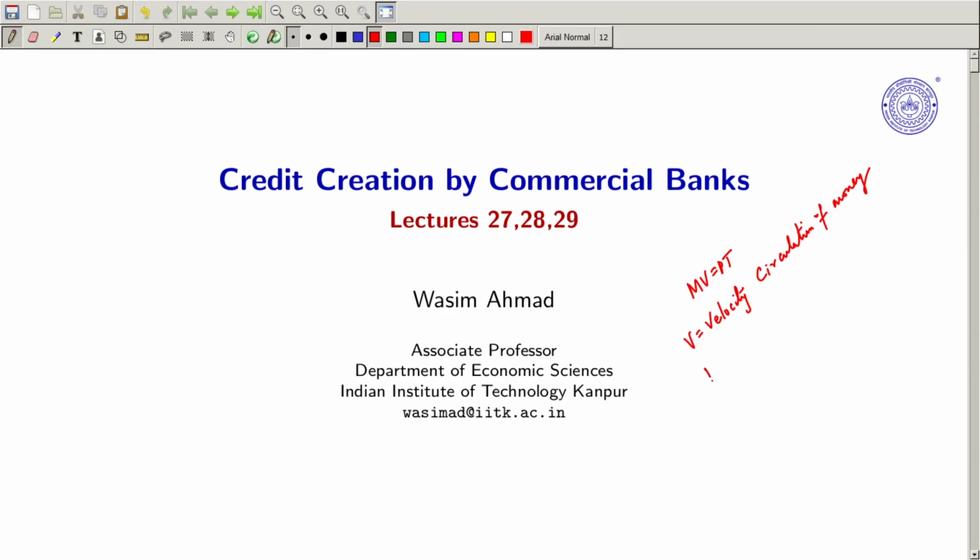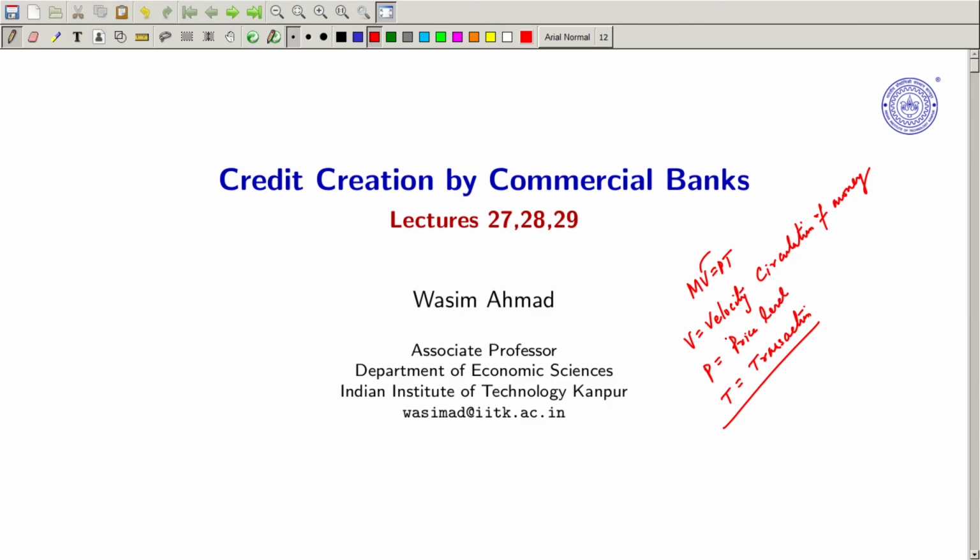P is the price level and T is the transaction. So the idea behind this is how quickly money changes hands.